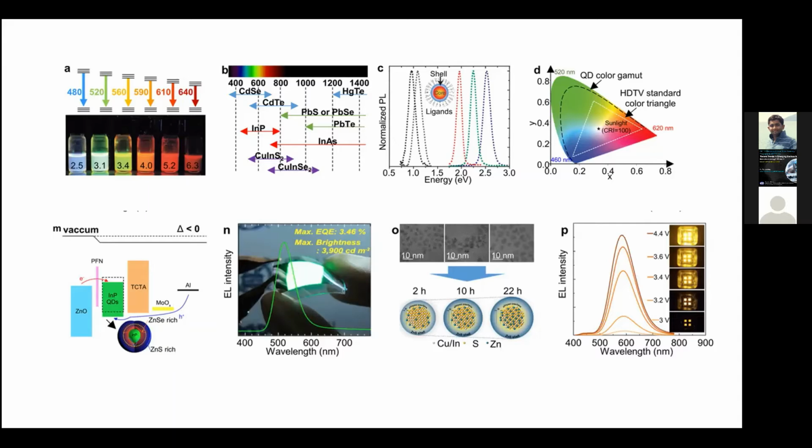But the quantum dots are coated with silica, so they are super stable. They checked, and even after more than 10 years it did not lose any resolution of the images.